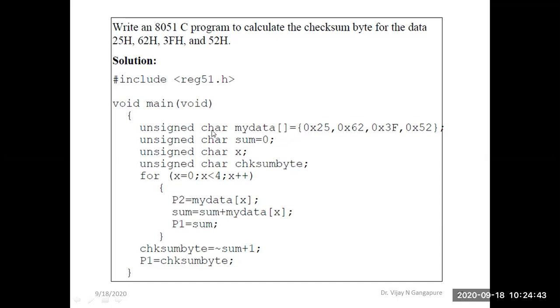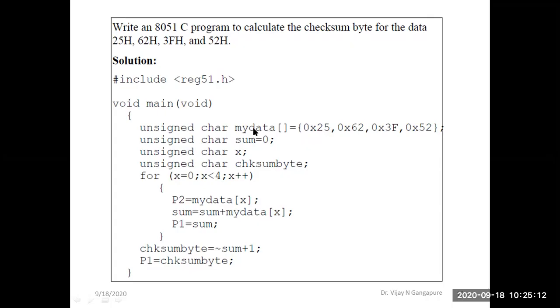By using this declaration statement I am declaring mydata as an array of unsigned char data type. That means each element in this mydata array could be data of type unsigned char, that is, in the range of 0 to 255.